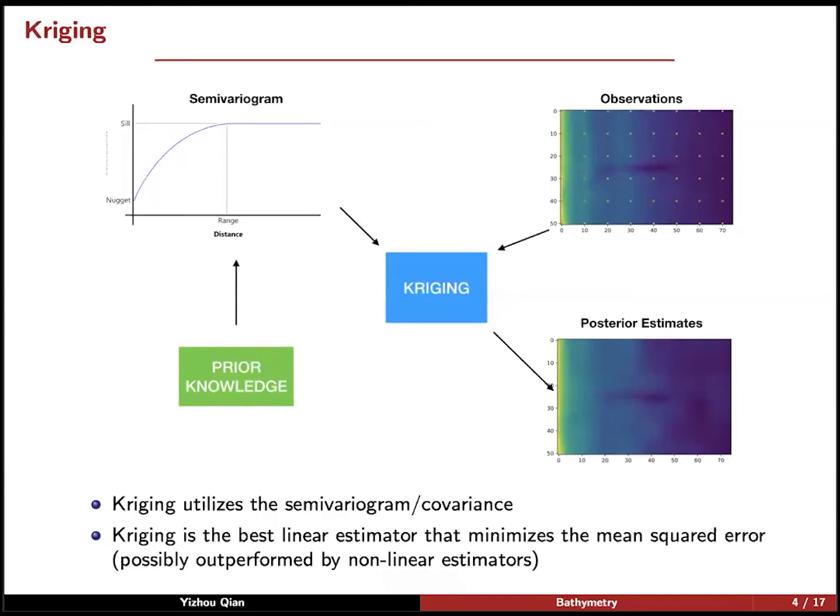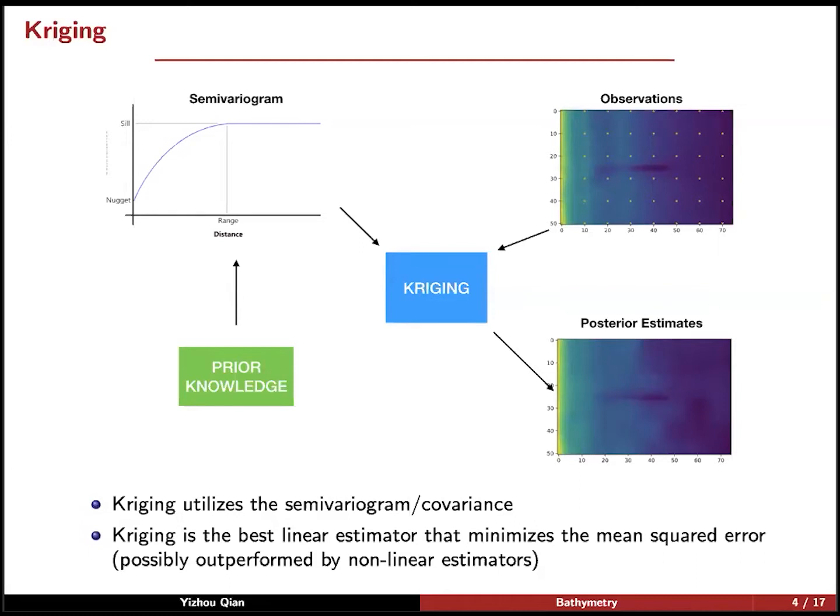So first I will talk about how Kriging uses the prior knowledge. Kriging assumes its knowledge in the form of a semi-variogram, which basically describes how much our data points vary as a function of the distance.